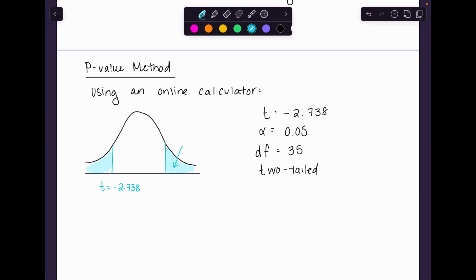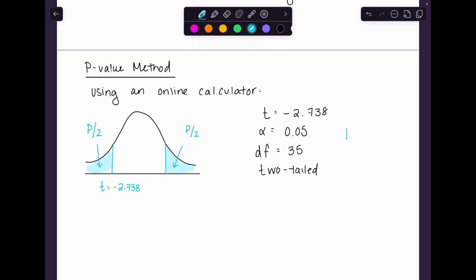So this area here on the right side would be P over 2, and this area would also be P over 2. So you can do a one-tailed test and then double it, or again, you can just do a two-tailed test and it's going to give you this total area, which is what we want.